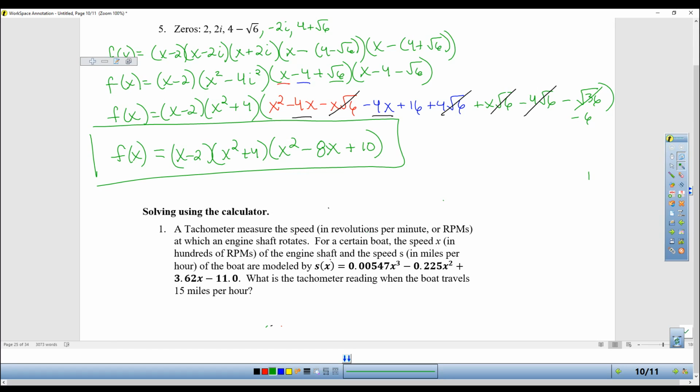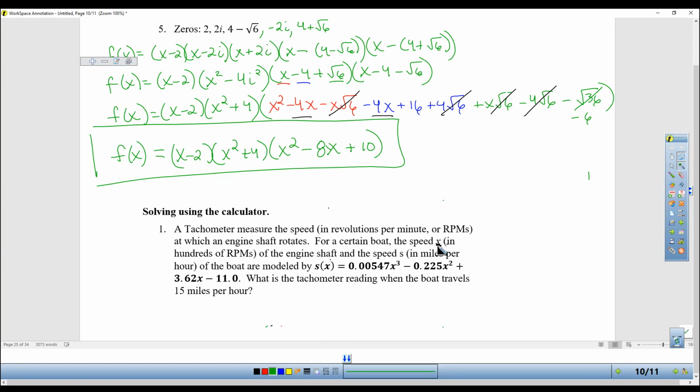So we're going to actually be doing a boat. For a certain boat, the speed x in hundreds of RPMs of the engine shaft and the speed s in miles per hour of the boat are modeled by the equation s of x. What is the tachometer reading when the boat travels 15 miles per hour?